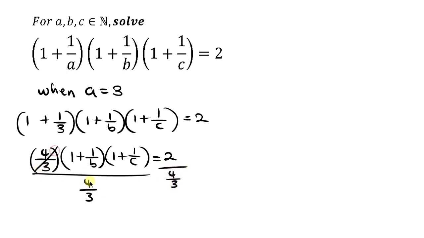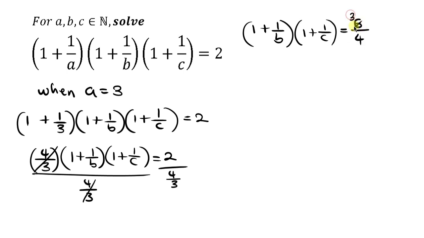So 4 over 3 cancels 4 over 3, leaving behind 1 plus 1 over B times 1 plus 1 over C to be equal to, now 2 times 3 is 6, which is 6 over 4, which can be broken down into 6 divided by 2 is 3, 4 divided by 2 is 2. So this is broken down into 3 over 2.